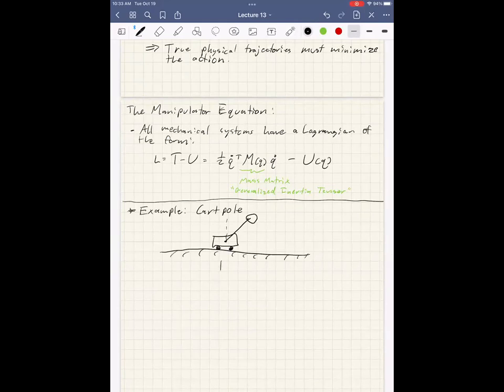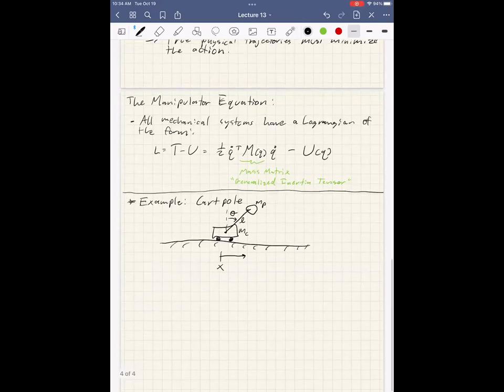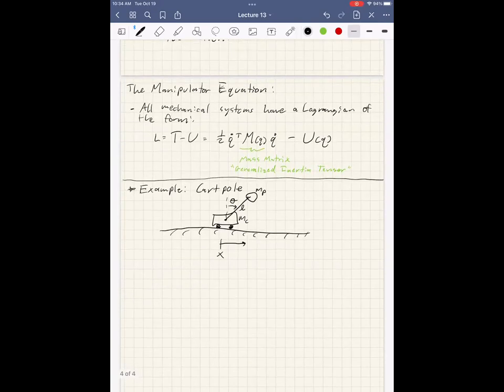And we're going to have an x coordinate for driving back and forth, and then a theta coordinate for the pendulum. We're going to call this guy mass P up here, and this guy mass C down here, and say the pendulum length L. So the first thing to write down here is sort of the kinematics of the pole position, the pole mass.